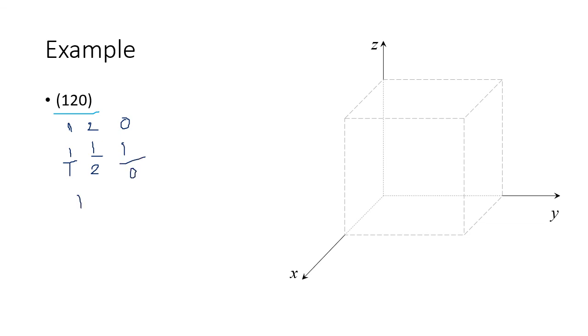So they become 1, half, and infinity. So infinity indicates that the plane is parallel to z axis, and 1 and half, those are the intercepts on x and y axis respectively.